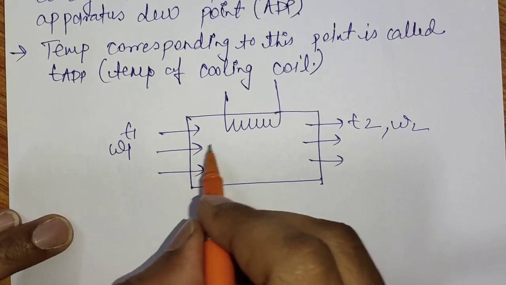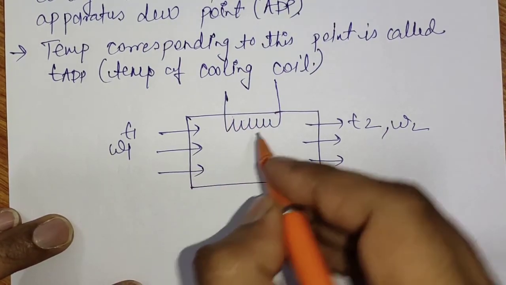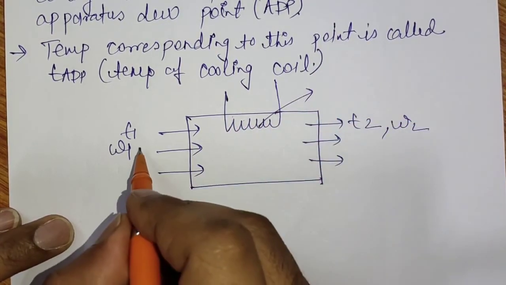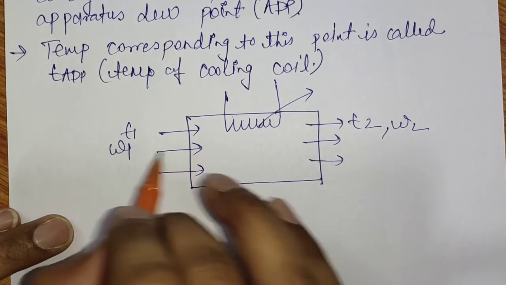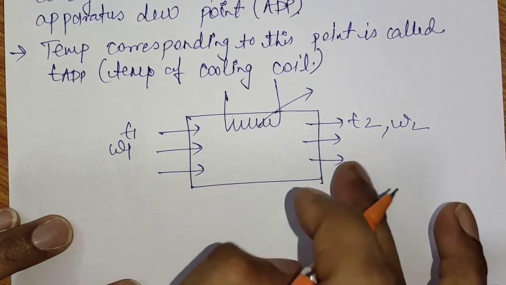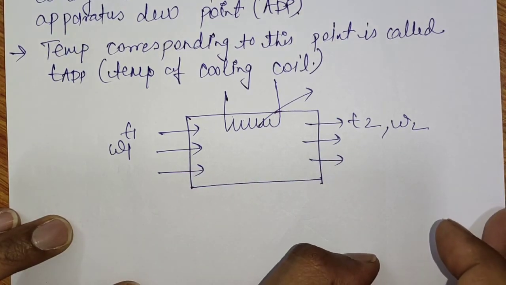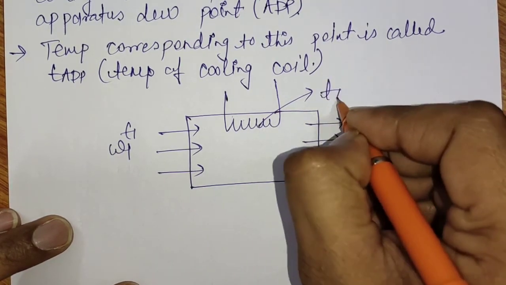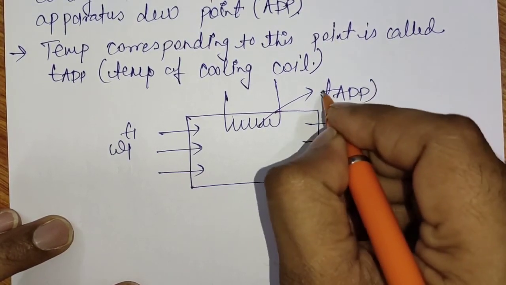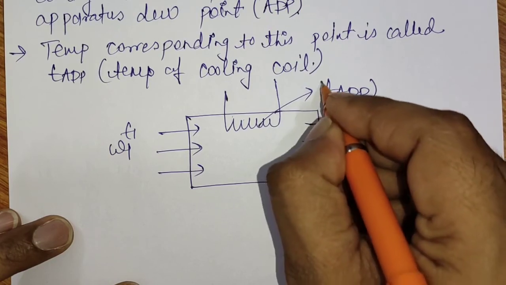This air will be cooled down by the cooling coil. Then the temperature of this cooling coil should be much lower than the initial and final temperature of the moist air. So this temperature of the cooling coil is the apparatus dew point temperature.